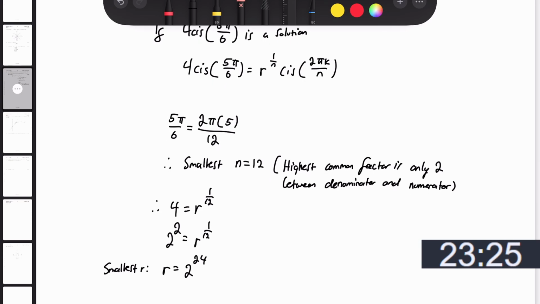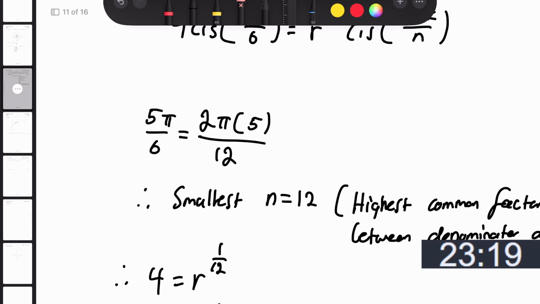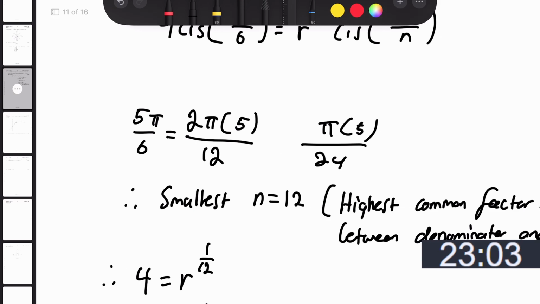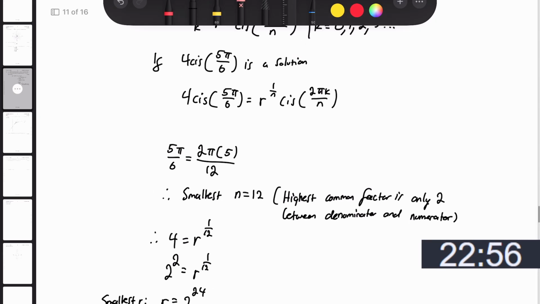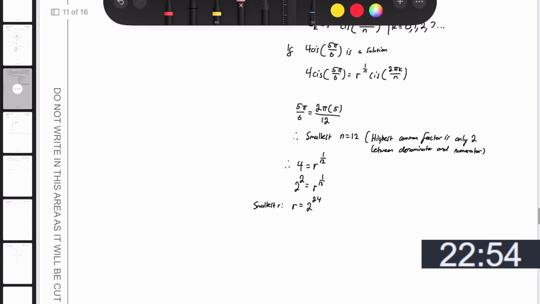I think that's correct. For example, if this had a common factor of, I don't know, 3 wouldn't work. Maybe like 4, because you'd get 4 pi on 5 on 24, but then that's just the same thing. Oh no, it'd be 2 pi times 2 in there, so it'd be 2 pi on 10. So yeah. Okay, so smallest r is 2 to the 24.